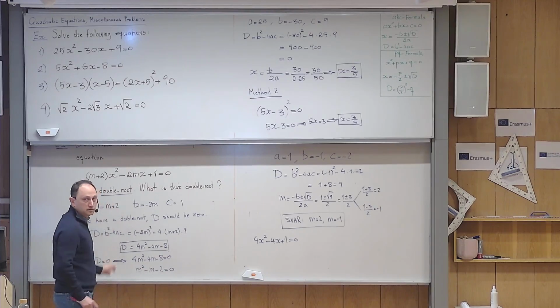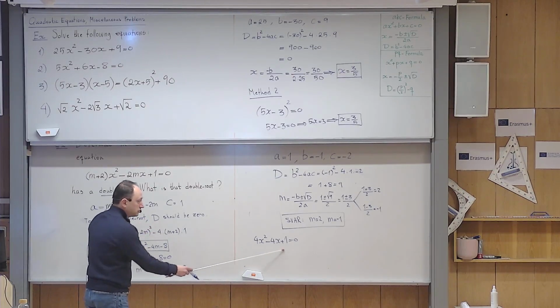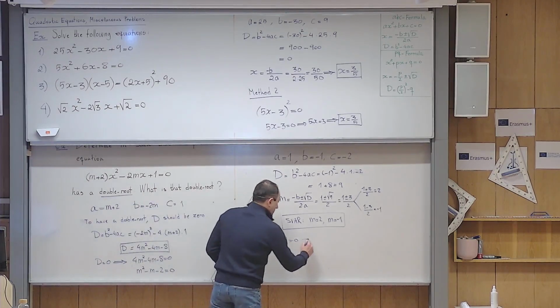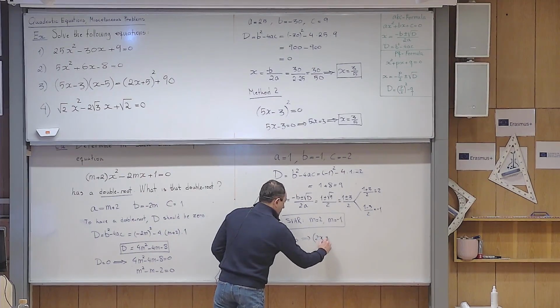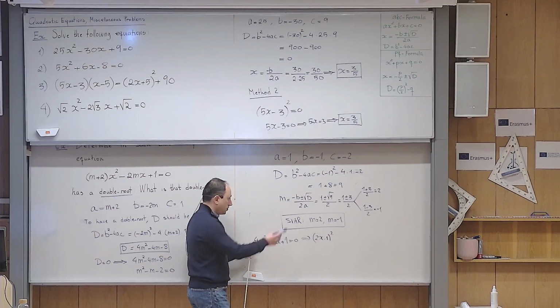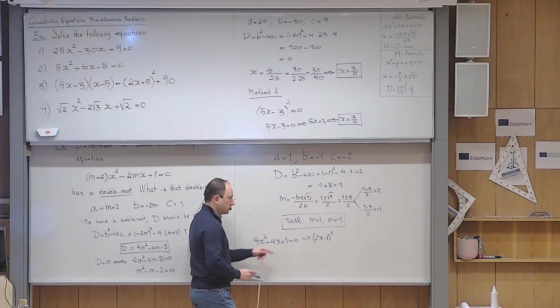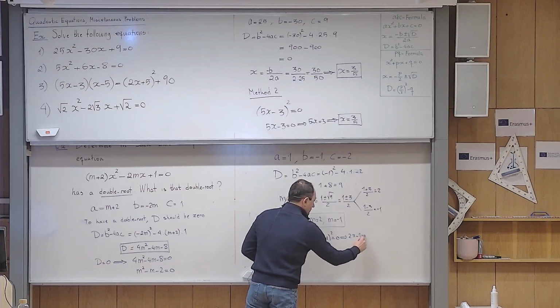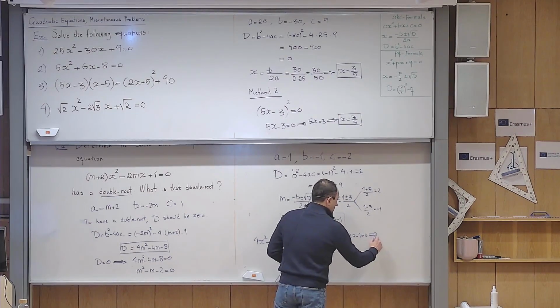Okay? Can you see that? Without the ABC formula, this pattern should look familiar to your eyes. What is that? This is 2x minus 1 to the power of 2. The first one squared, minus 2 times the first one times the second one, plus the second one squared, equals 0. What happens? 2x minus 1 becomes 0. And what is x? x is 1/2.